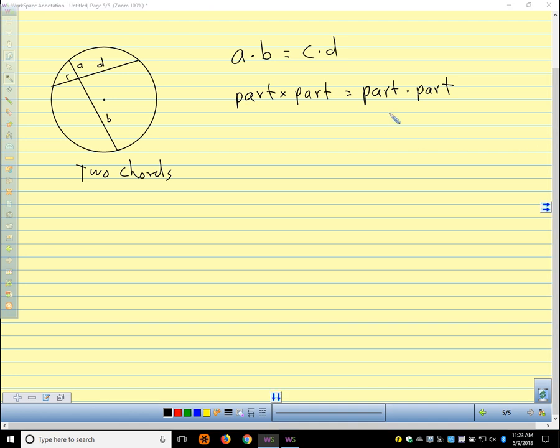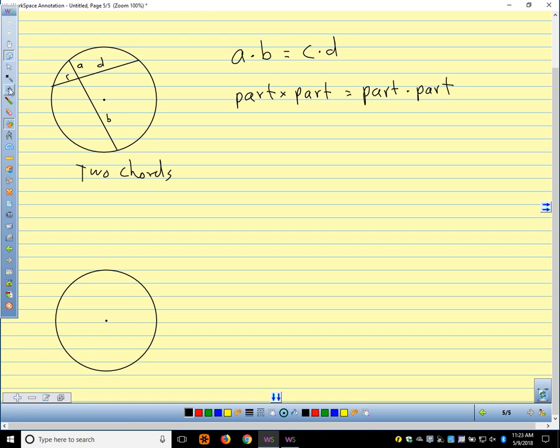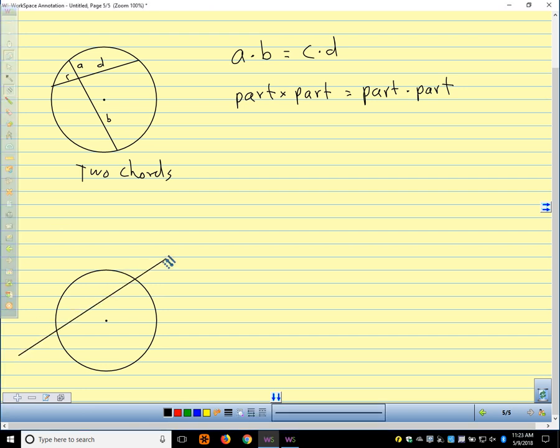All right, so the second to the last, we're kind of going backwards in your flip book now. The second to the last grayed out circle looks like this one, where we have 2 secants. So our segments intersect outside like so. And I'm going to label the segments again.